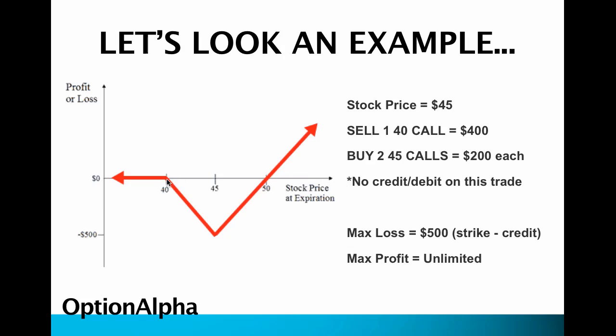That's what we want with this strategy, and that creates that unlimited feature. Now you can create a little bit of profit down here by making sure that the sale of the one option is more than it costs to buy the other 2 options at 45. For example, if the sale of the 40 brought in $450 and it only cost you $200 each for the 2 long calls, you'd still be left with a credit of $50, in which case anything below 40 would make you a profit of $50 to the downside.